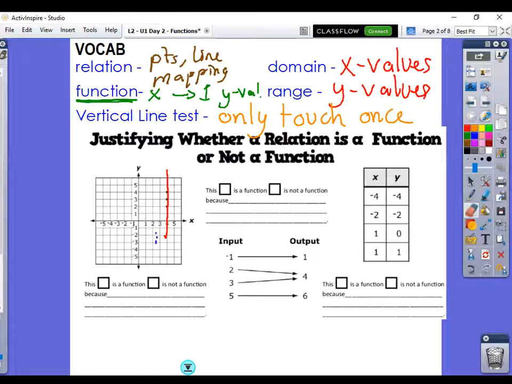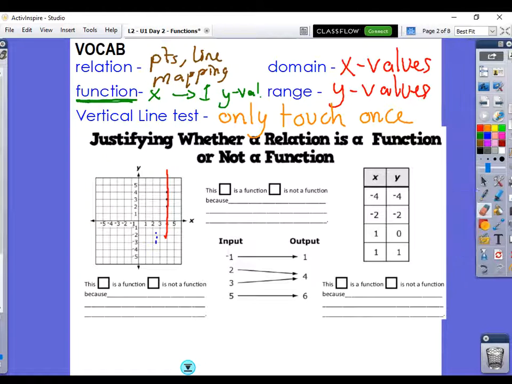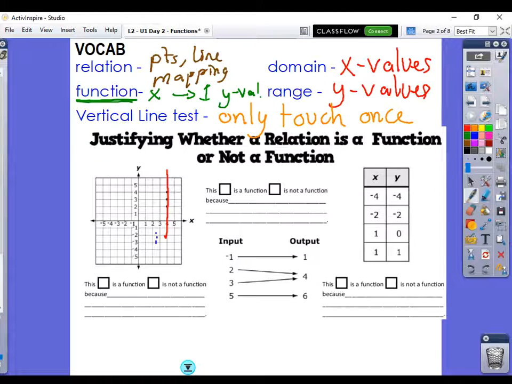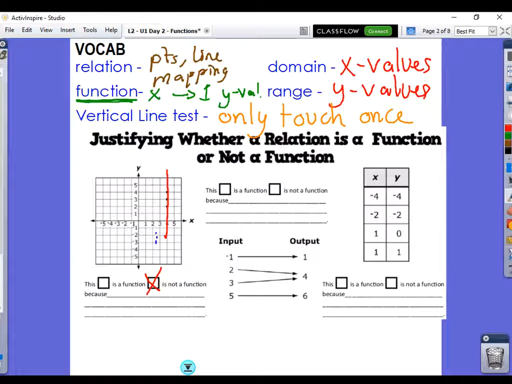It means that our vertical line is touching more than once. So this is not a function. And why? Because in this case it touches the line three times, not just once. So that fails our vertical line test.